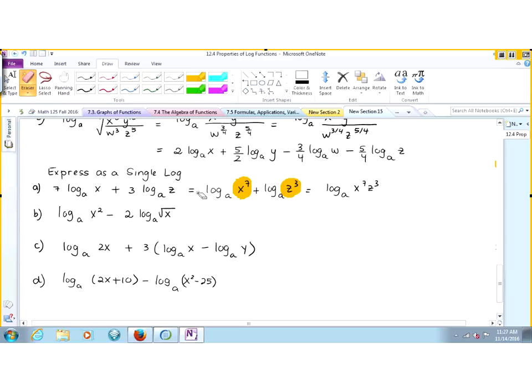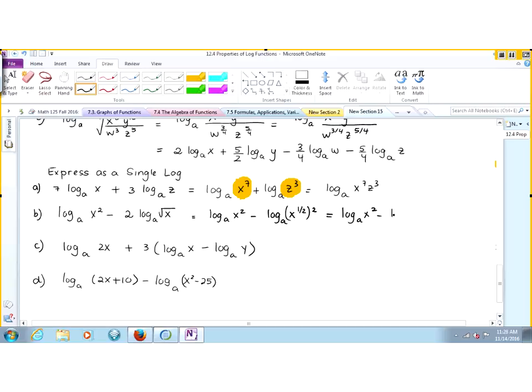Okay, so B, what is this B? This is log base A of x squared. So this one, there's nothing to do here. Minus log base A of x to the what? What is the square root? 1/2. But then I have a square, right?